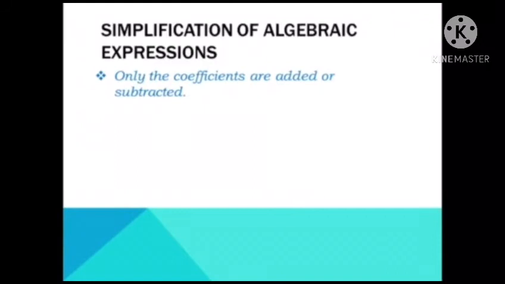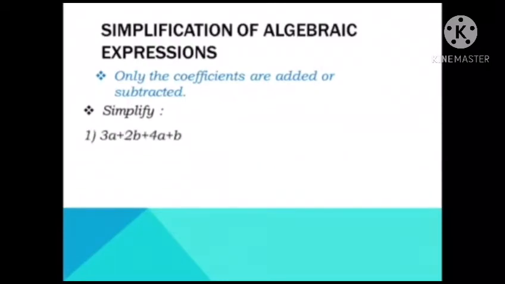We can add the coefficients, not the variables. And more than that, the variables should be the same. Then only we can add the coefficients. Otherwise, we can't add them. So let's try problems, then you can understand it clearly.